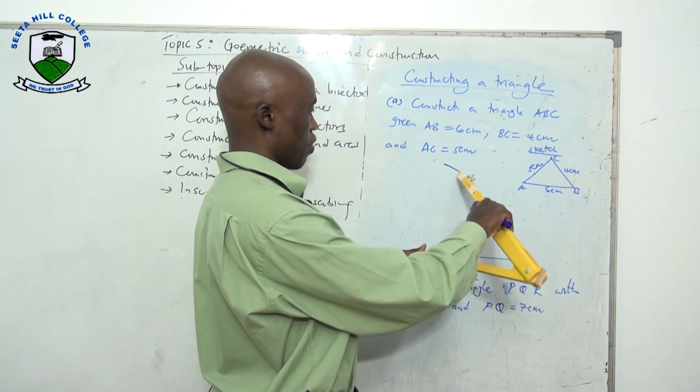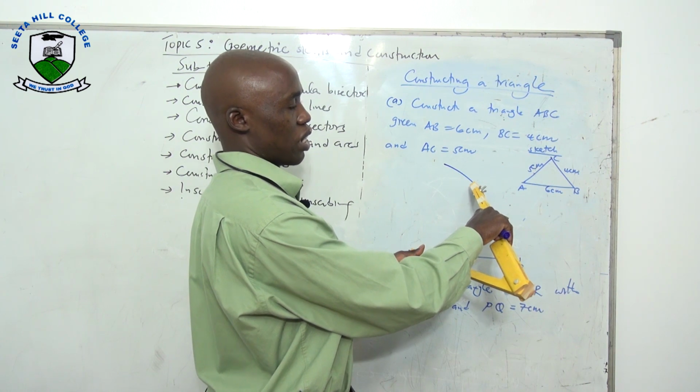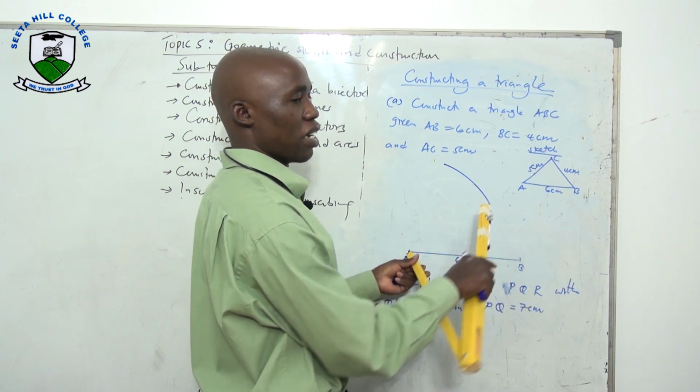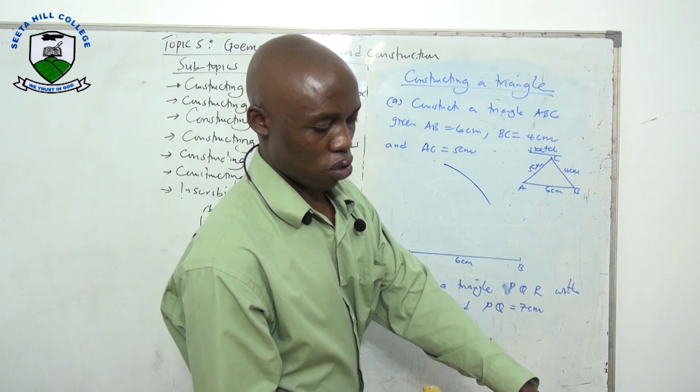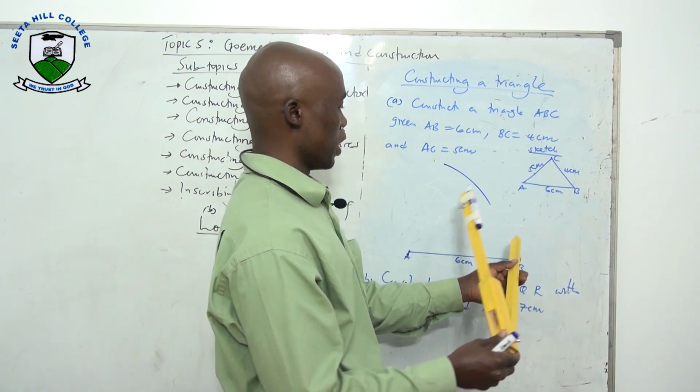On my device, 5, not so? The other side you measure how many? 4. Go to your ruler, measure 4.